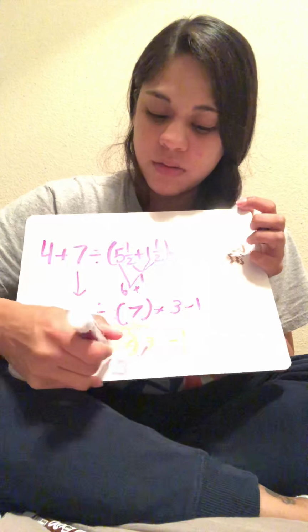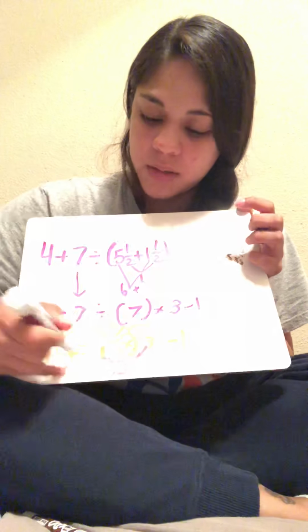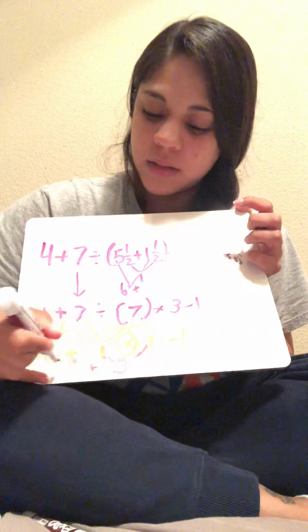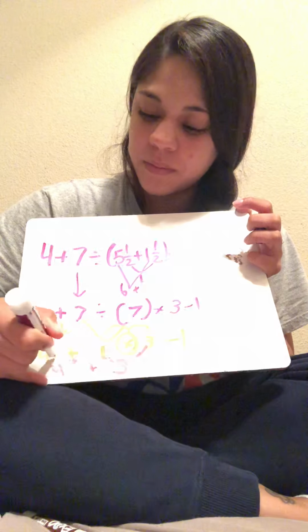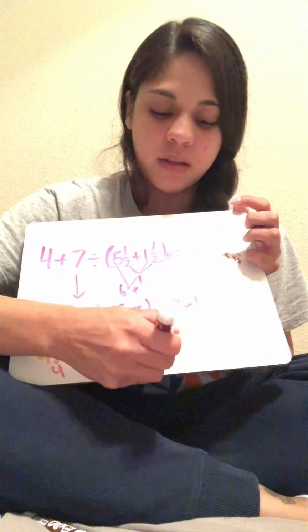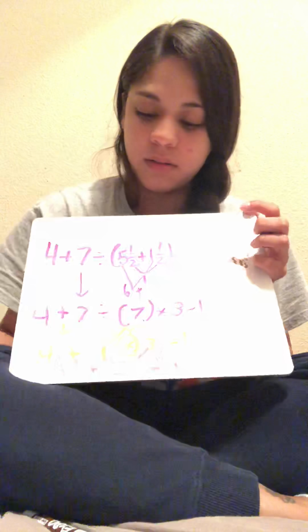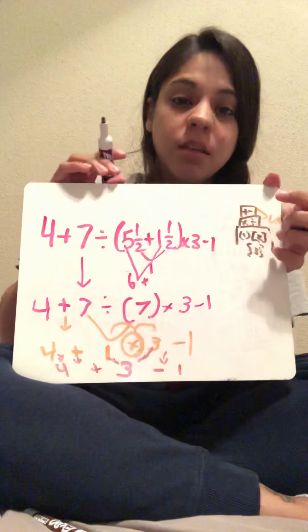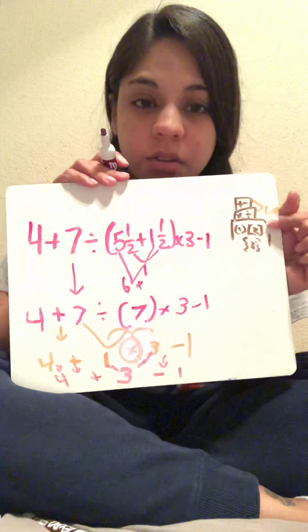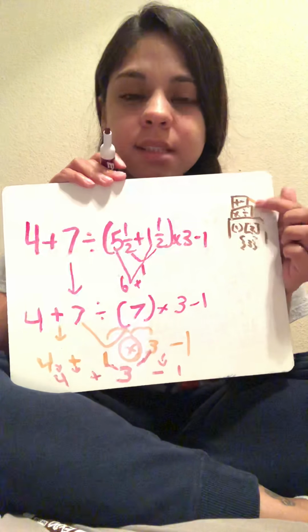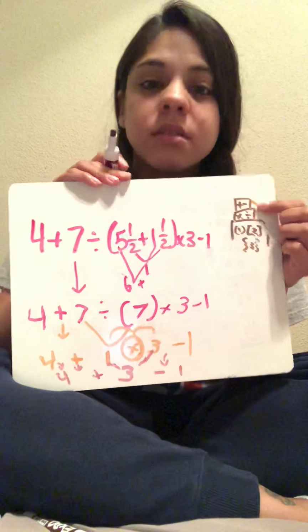I've already used these 2 numbers, so I don't have to worry about them. But I do have to worry about this plus and this 4. And this subtraction and this 1. So now, do we need any more multiplication or division? No.